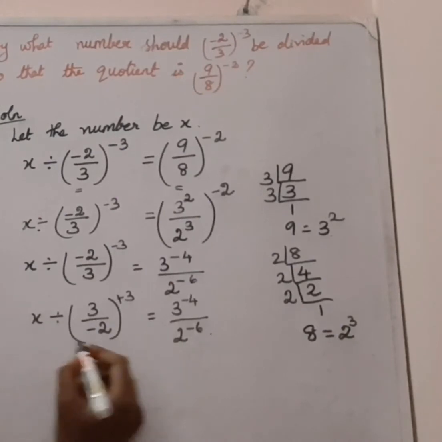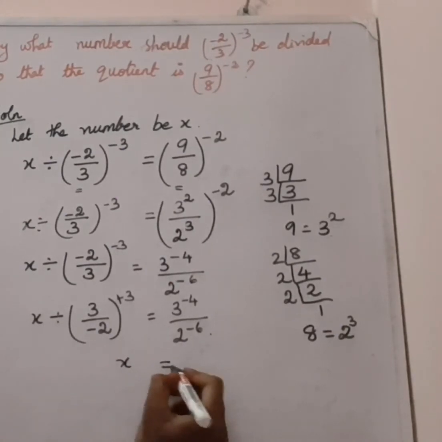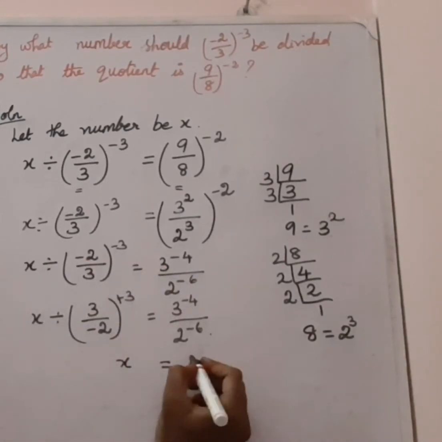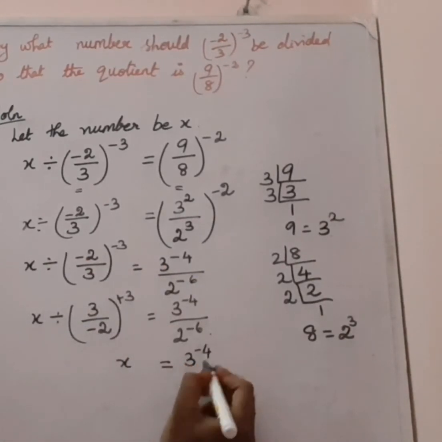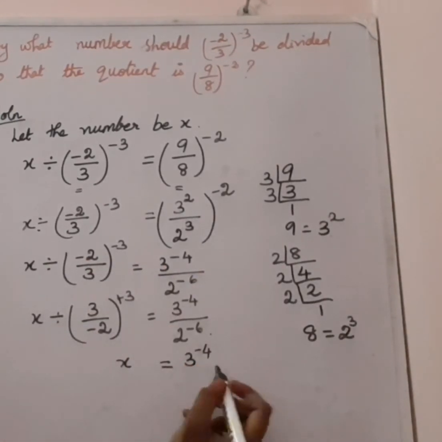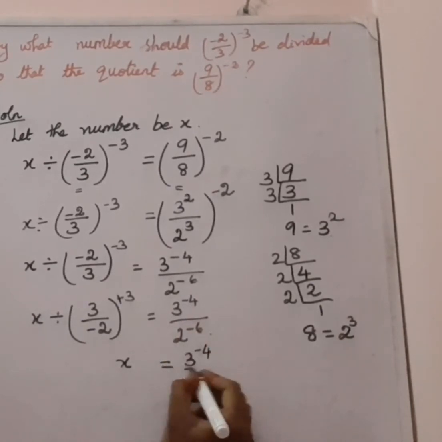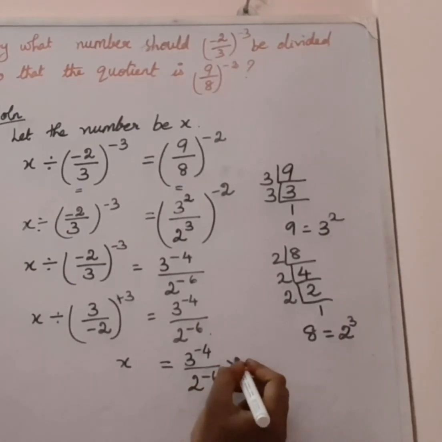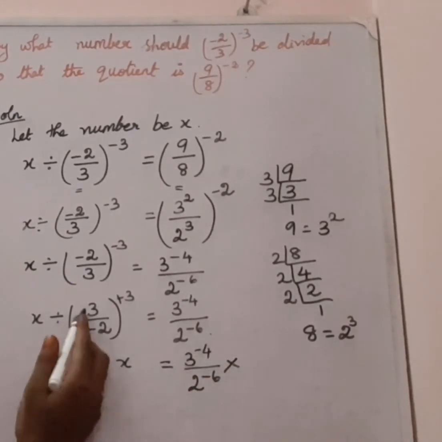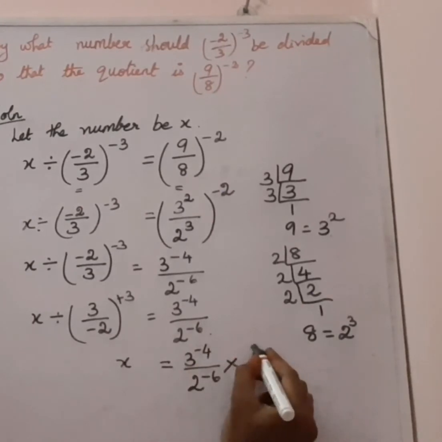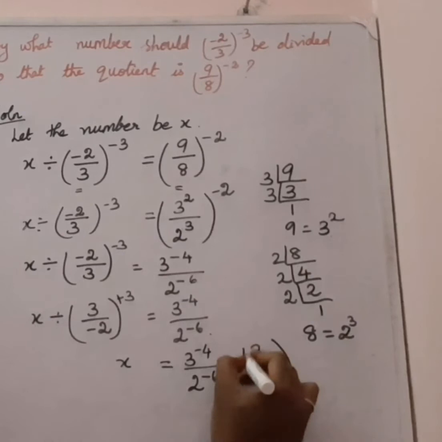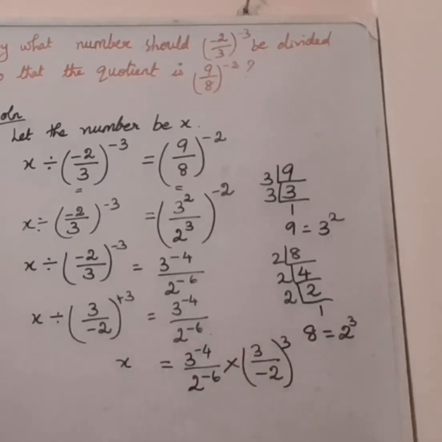So, now what we get? x equals, here it is in a division. So, if we take it to the opposite side, it becomes multiplication. So, already we have a number as 3 power minus 4 divided by 2 power minus 6. Divide becomes multiply. So, write that number as such: 3 by minus 2, the whole power 3.